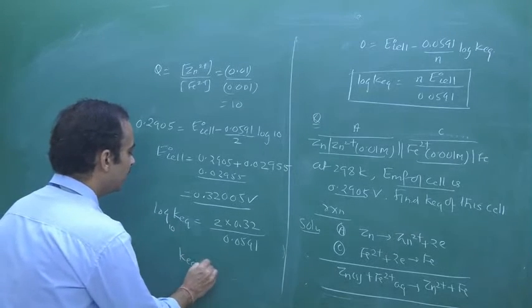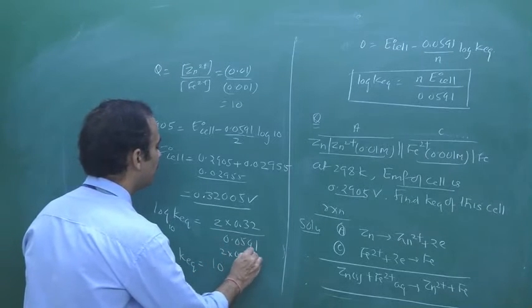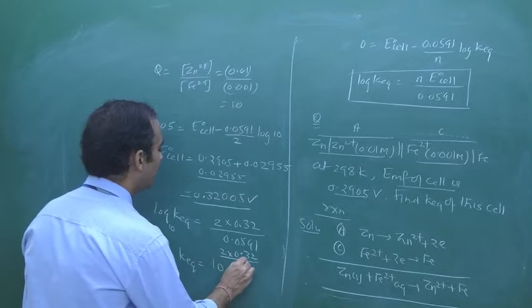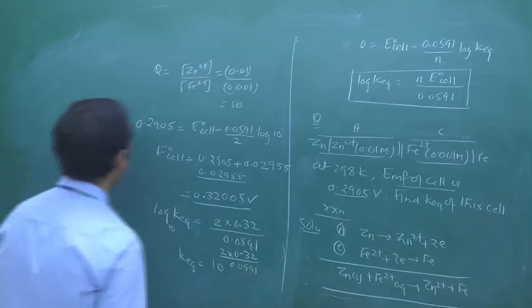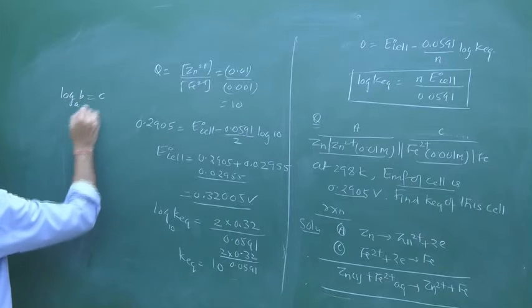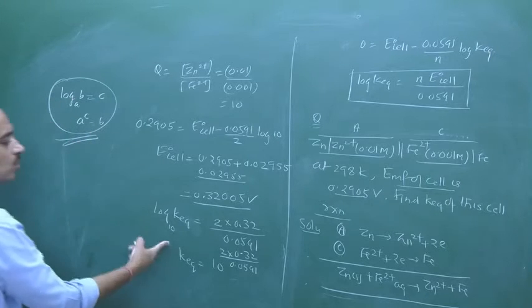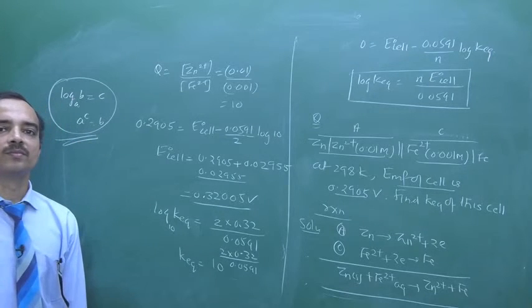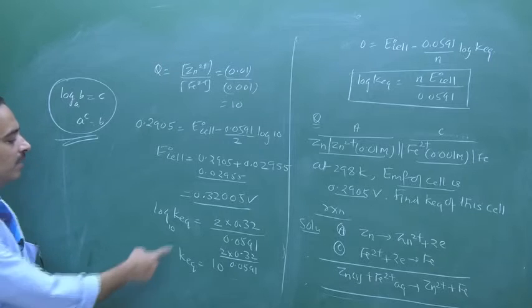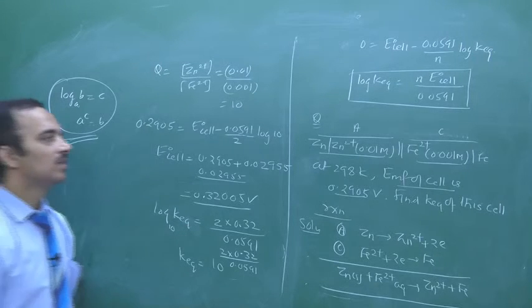Then we can say equilibrium constant is 10 to the power 2 into 0.32 divided by 0.0591. Remember, if log to the base a of b is c, then a to the power c is equal to b. We have used this one. Is it clear, beta? Compare these two, you will get to know how we have written this.